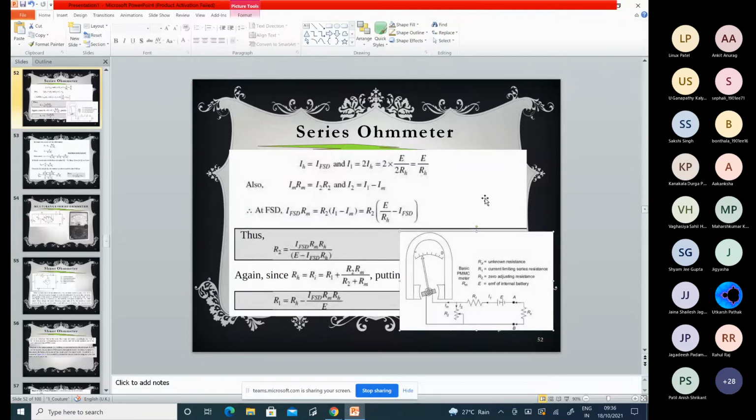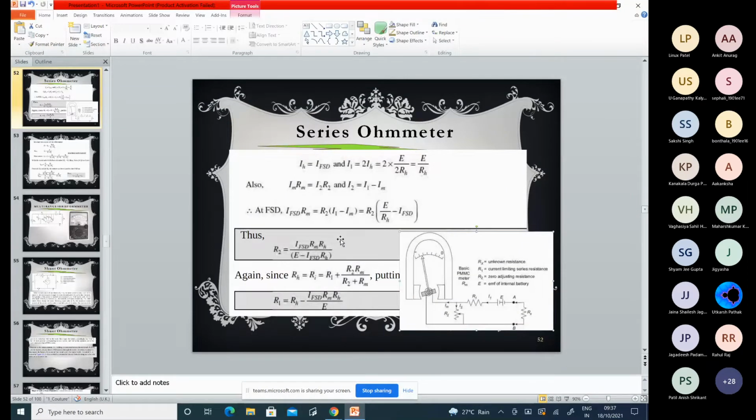Thus R2 can be calculated as IFSD Rm Rh by E minus IFSD Rh. So R2, which may be unknown, can be calculated by knowing the meter full scale deflection current IFSD, the meter resistance Rm, the half scale deflection resistance Rh, and the value of the EMF.